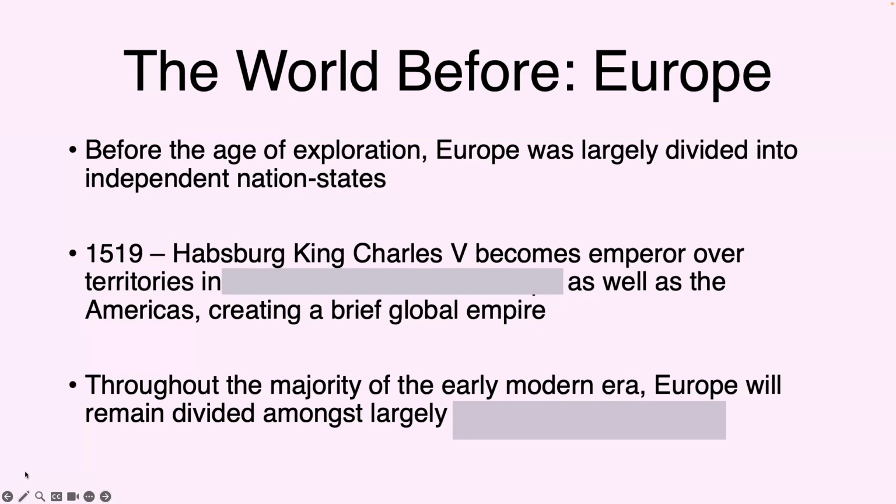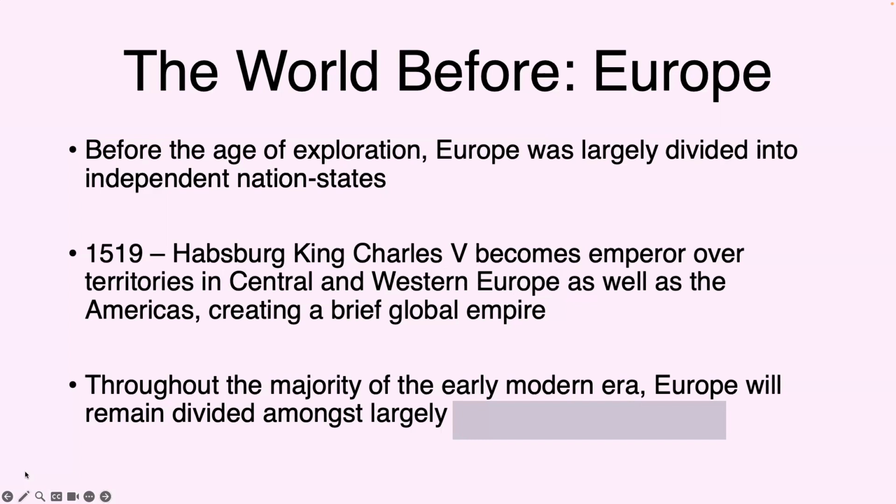And that is until 1519, when the Habsburg King Charles V, who came from the Habsburg family, becomes emperor over territories in Central and Western Europe, as well as the Americas, creating a brief global empire. Now, that empire fractures. In some aspects, it remains together with the Spanish Empire. But this is really the first moment of a truly global empire.